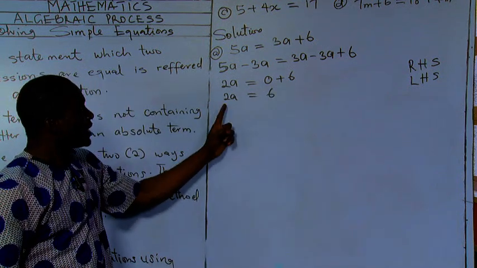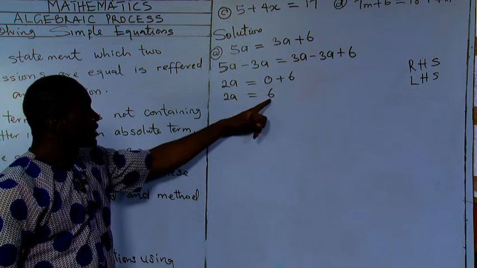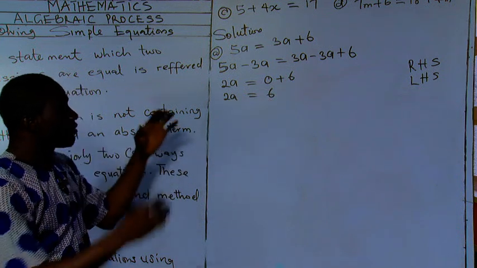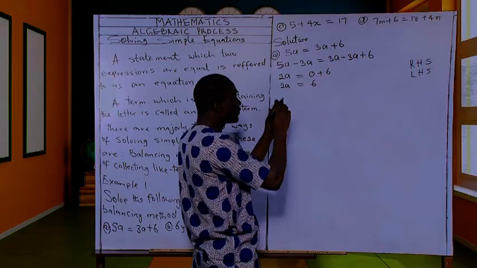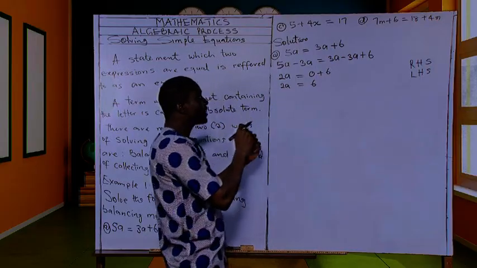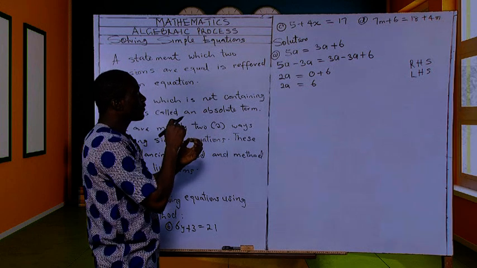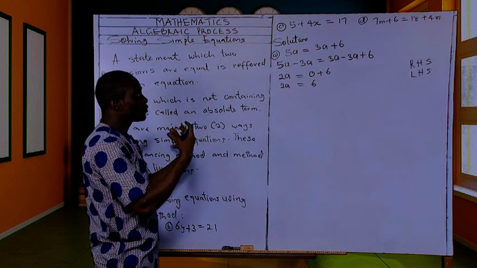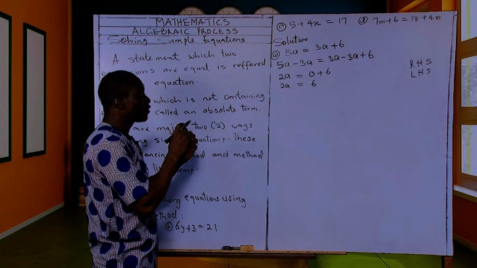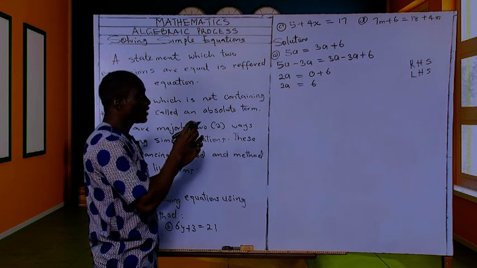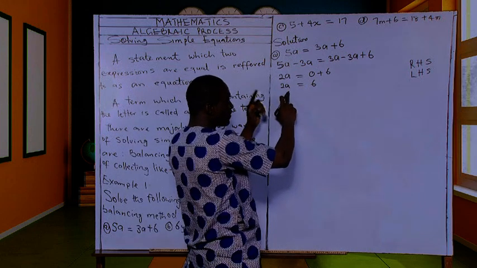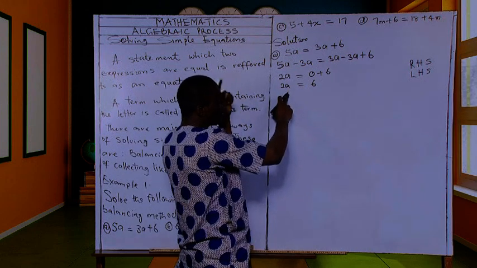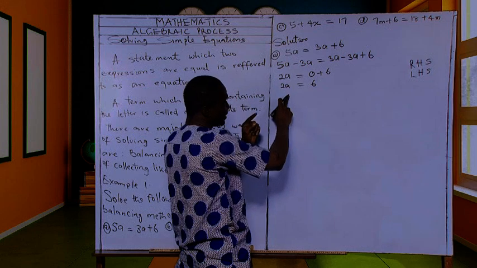All right, now that we have 2a equals 6, we have to divide. We are looking for a, not 2a, because whenever you are asked to solve any given simple equation, it means you should find the value of the unknown, that is, the value of the letter. a is the letter we have here, which stands for a value that we don't know yet.